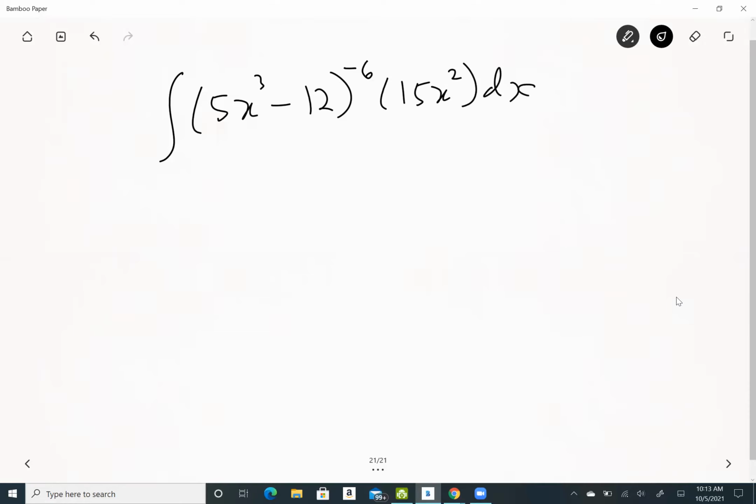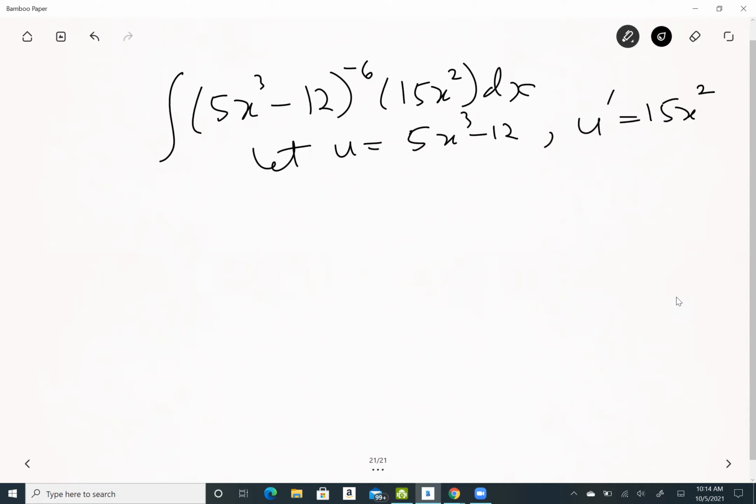I want to find the integral. So here you apply the general power rule. You let u be equal to the terms in the bracket, 5x cubed minus 12. And then what is u prime? u prime is 15x squared.